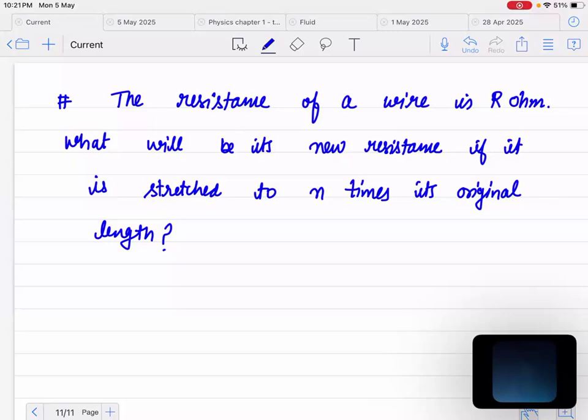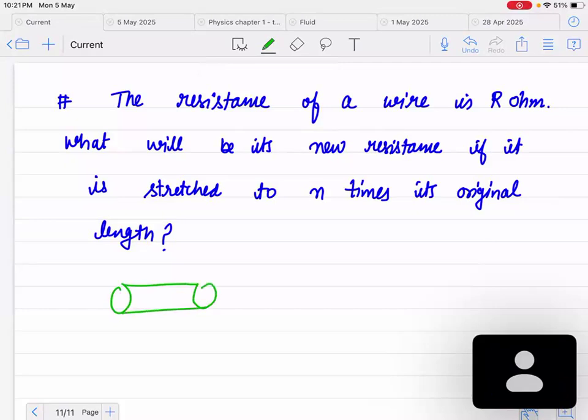Any idea? See, suppose this is the wire, the original wire. Area is A, length is L. Now you stretch the wire.